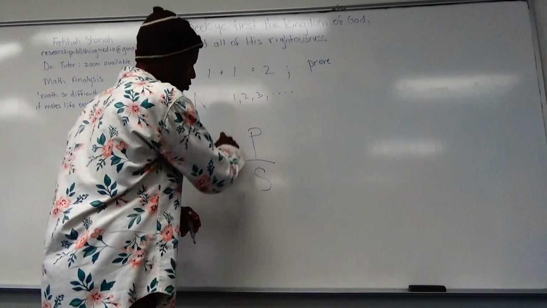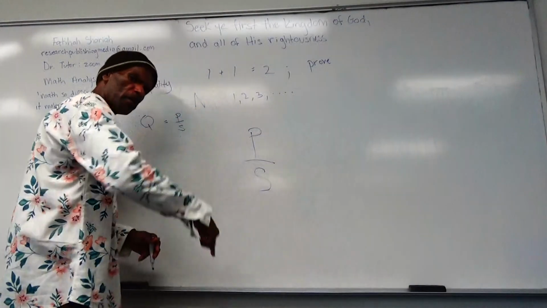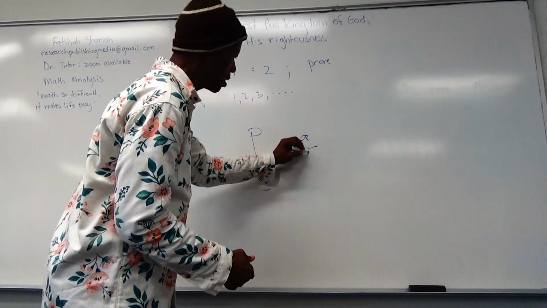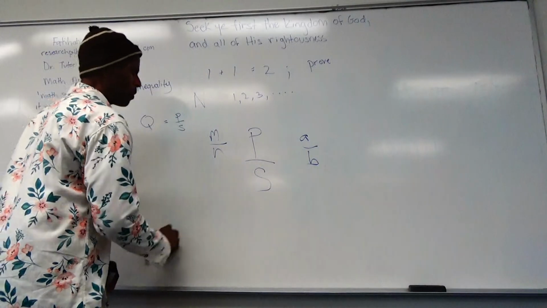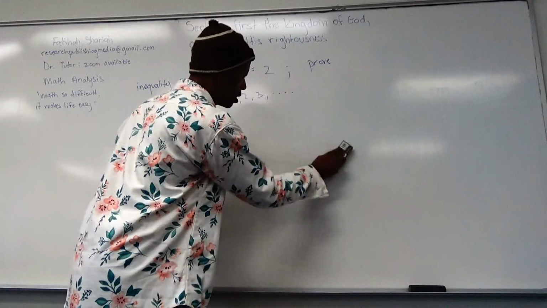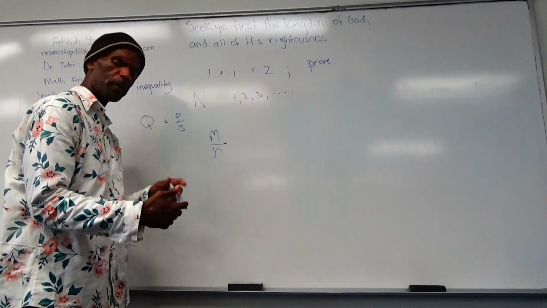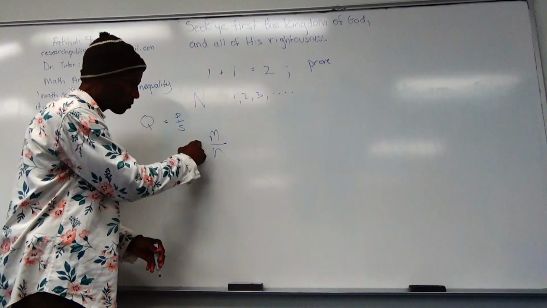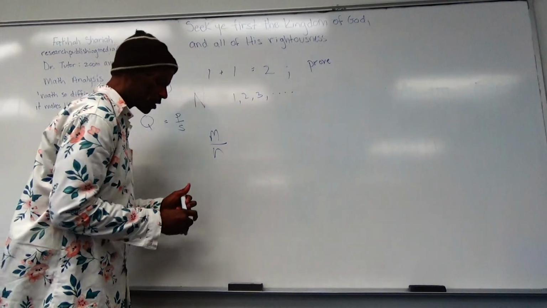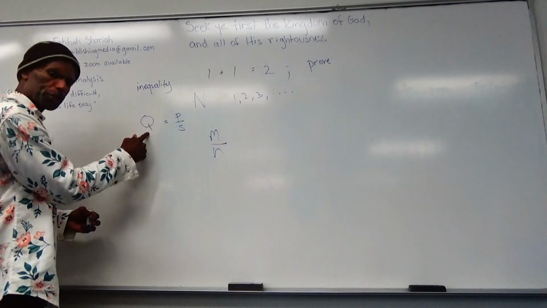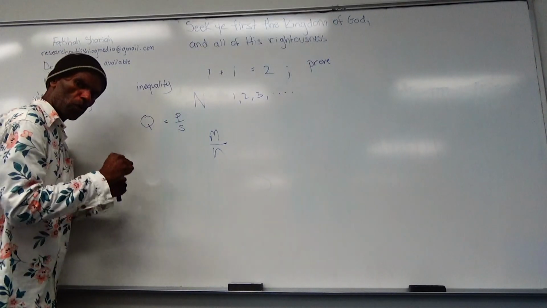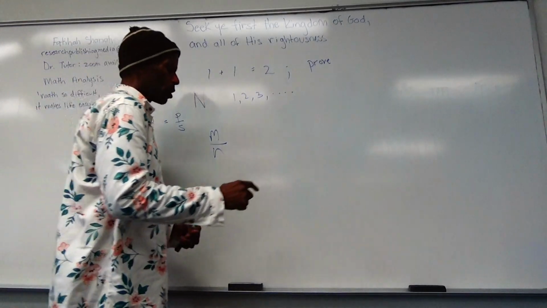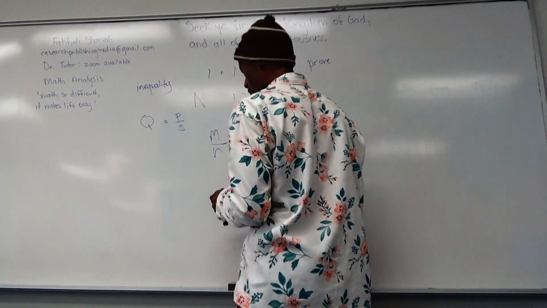Whenever you see a variable, it could be A over B, it could be M over N, when you're speaking about math analysis, they're talking about rational numbers. And rational numbers are represented with the letter Q. That's good because we're talking about sets.